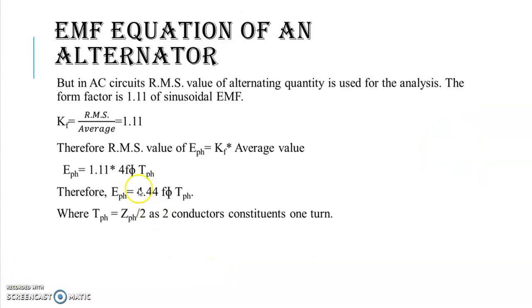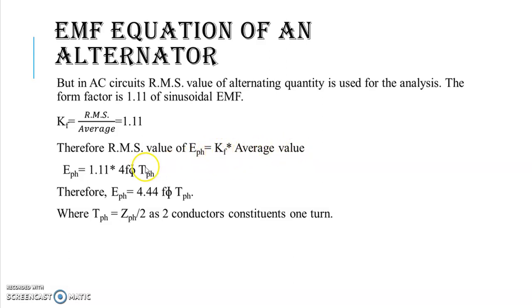Now, in an AC circuit, the RMS value of an alternating quantity is used for the analysis. The form factor is 1.11 for a sinusoidal EMF. So Kf, the form factor, is equal to the RMS value upon the average value, which is equal to 1.11. So we have to calculate the RMS value. The RMS value of Eph is equal to Kf into the average value.